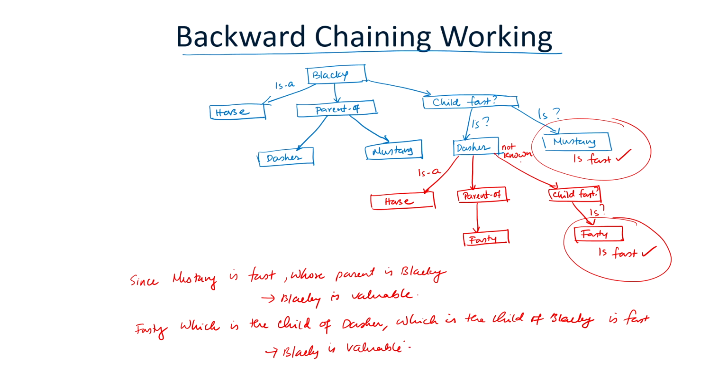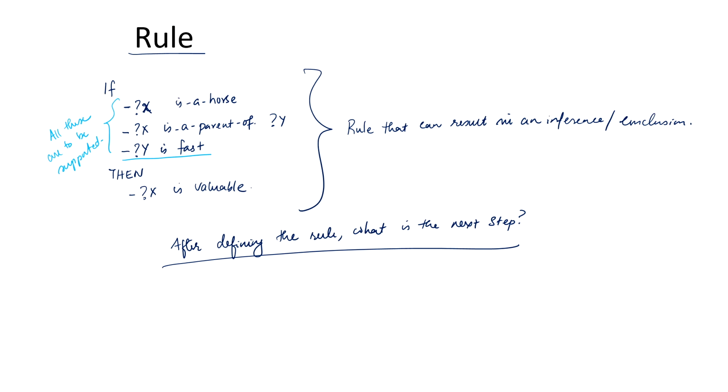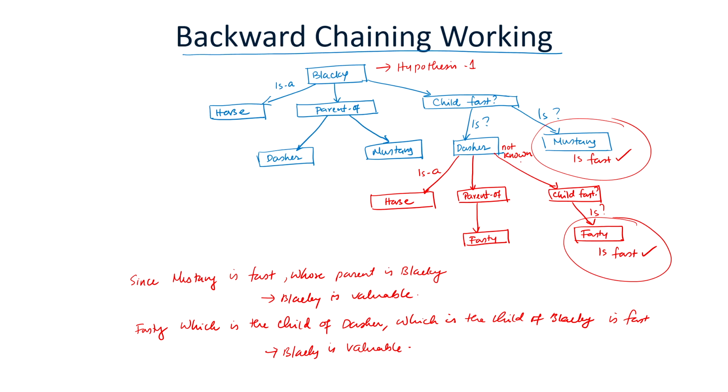So, if you look into this, this is how the chain of this example works out. We started with Blackie. This is hypothesis 1, the first hypothesis, and the first question we had: is a horse, is a parent of, is fast, the 3 antecedents, 1, 2, 3, as we said.